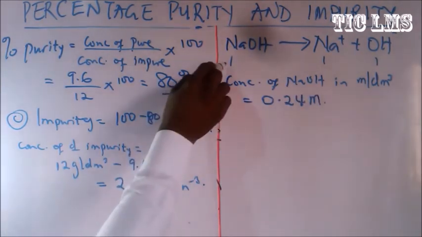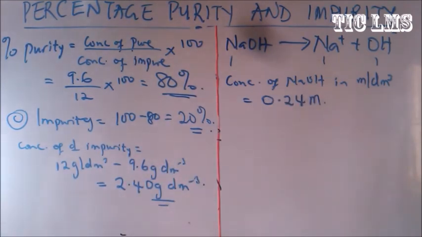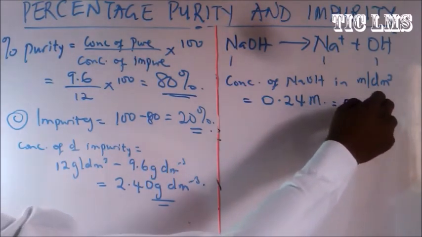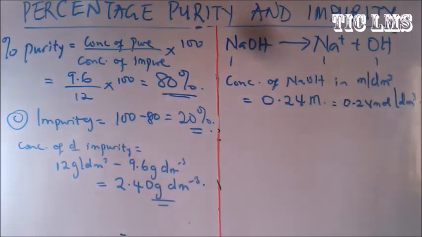Meaning that if you have 0.24 molar of this per dm cubed, but if you go back to the question, we have that 25 cm cubed of a solution containing 3 grams of impure sodium hydroxide in 250 cm cubed was neutralized. So this is actually 0.24 mole per dm cubed, but we are dealing with 250 cm cubed now.